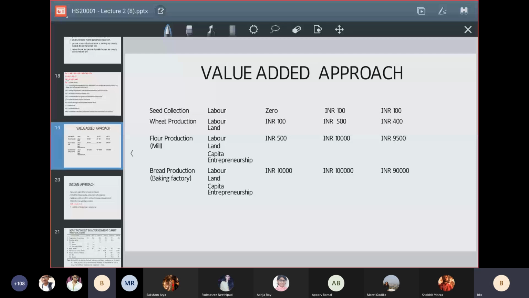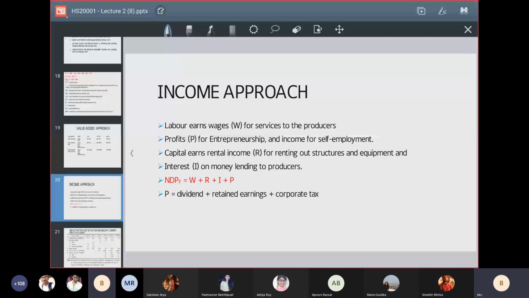I would like to say, in case of your income approach, we add the income of different economic agents, like you have labor and wages, that is your labor and your wages W, for the services they render to the producer.